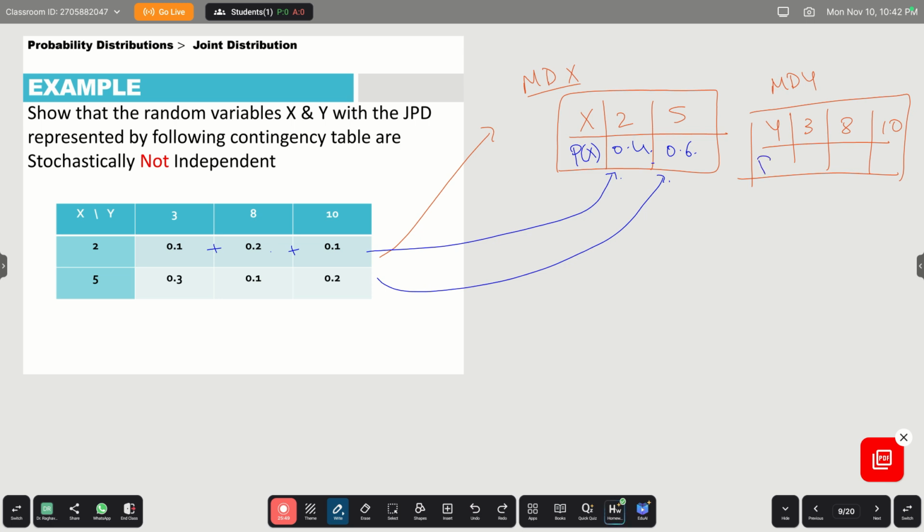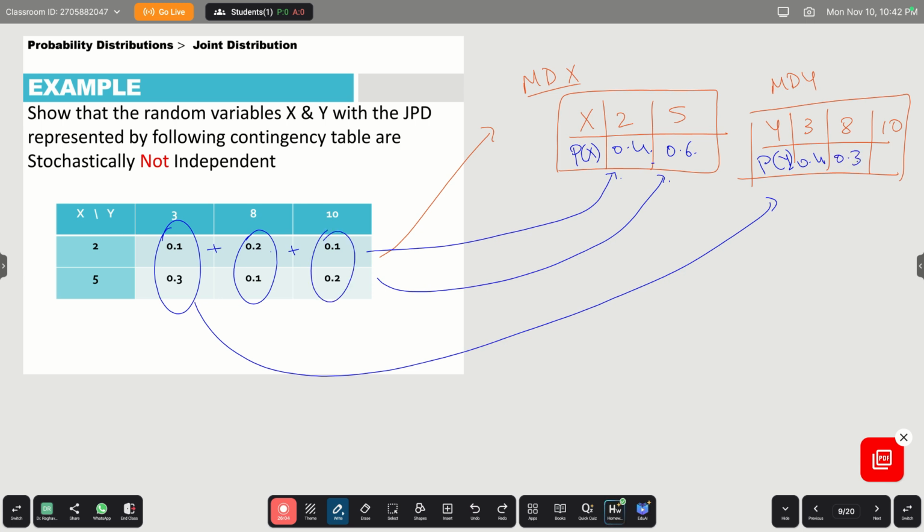And for Y, the first column sum is 0.1 plus 0.3, that will be 0.4. The second column is 0.2 plus 0.1, this will be 0.3. And the third column 0.2 plus 0.1, this is also 0.3. Now I need to check whether Pij is the same as Pi multiplied by Qj. Let me take the first values, P1 multiplied by Q1.